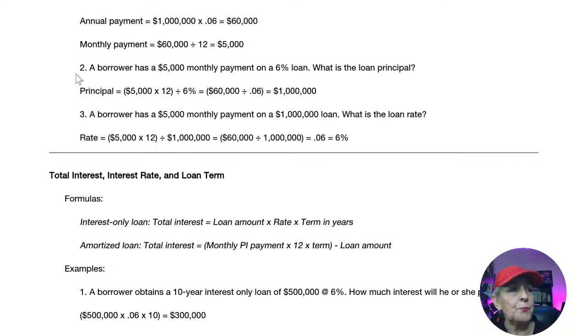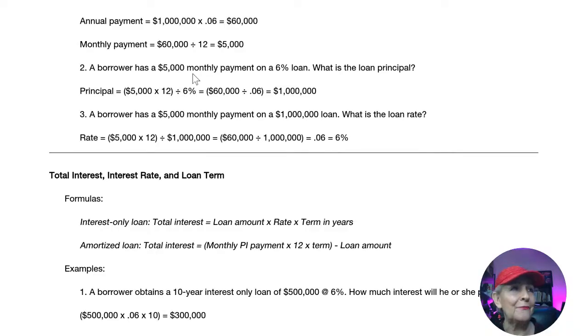So 2, a borrower has a $5,000 monthly payment on a 6% loan. What is the loan principal? Principal equals 5,000 times 12 divided by 6%. And so why are they multiplying by 12?